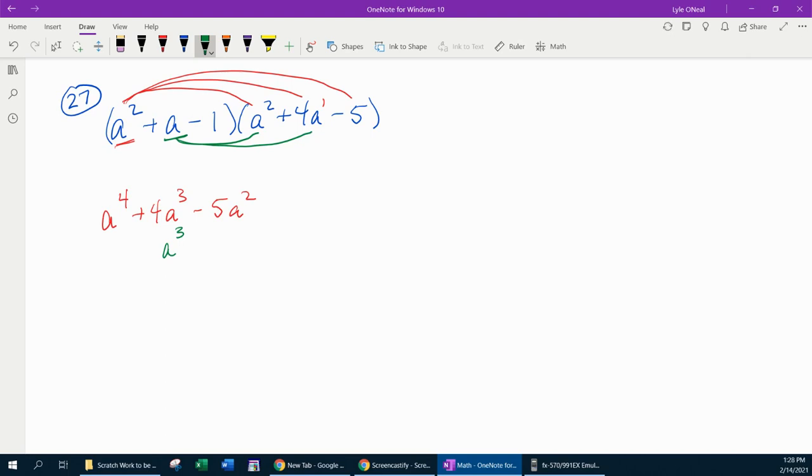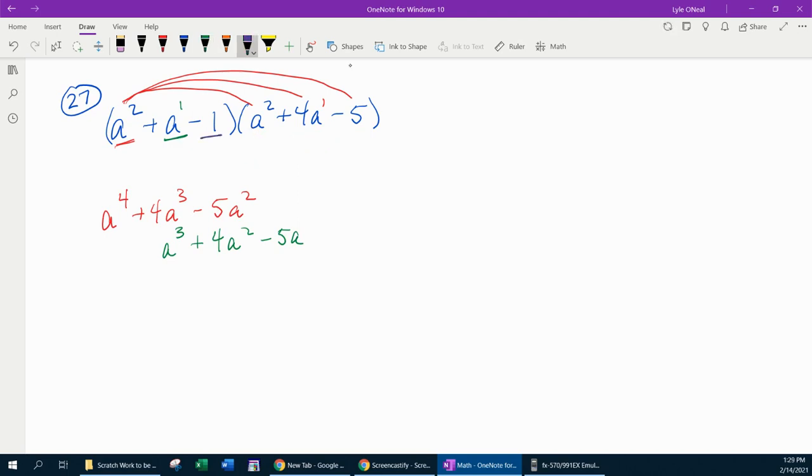A times 4a, 1 and 1 is 2. That's going to be 4a squared. And a times negative 5 is a negative 5a. And that does it for the a term.